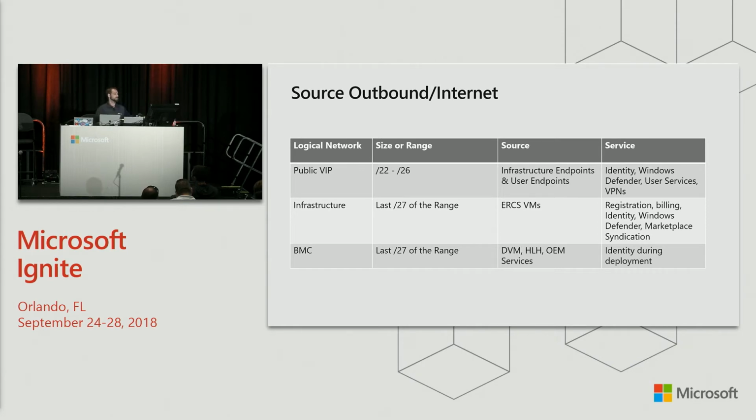And we have a small subset of VMs, which is called the Emergency Recovery Console VMs, which is also known from a user perspective as the privileged endpoint. And that privileged endpoint is used to do the registration of Azure Stack, but also updating the Defender signature updates. Now, given it's a non-routable IP space, we're doing outbound NAT.